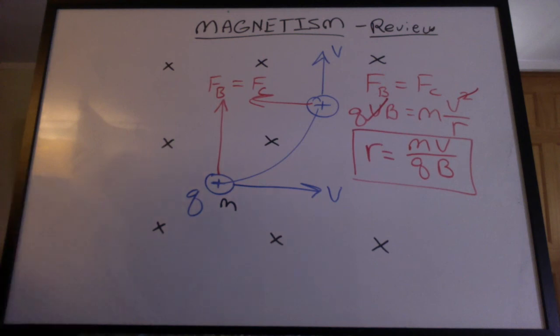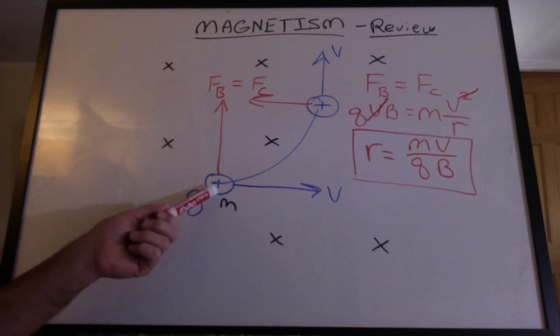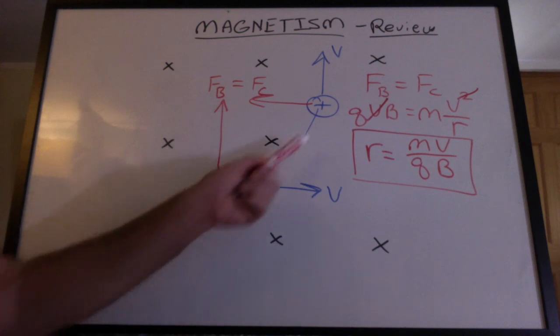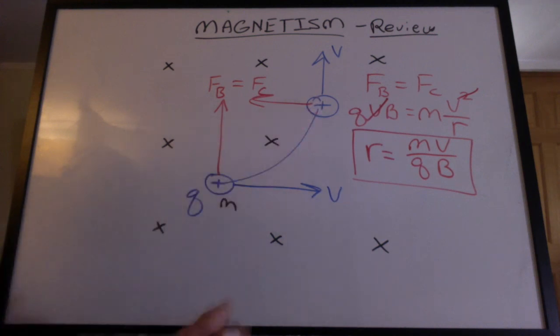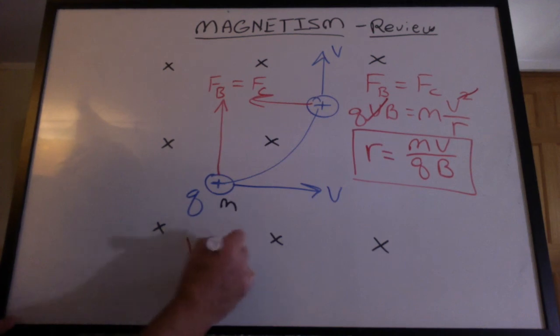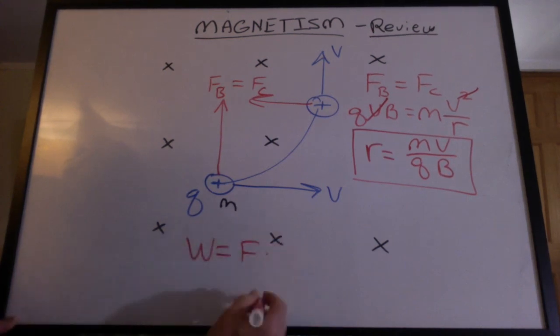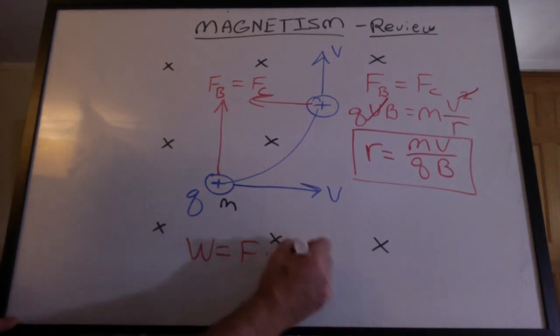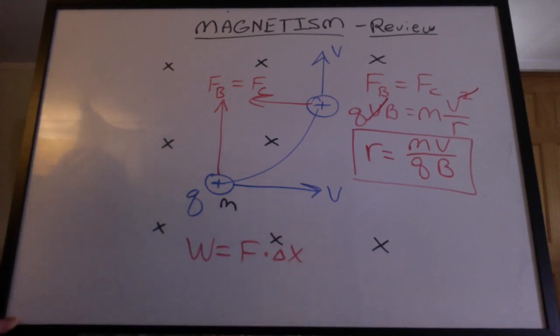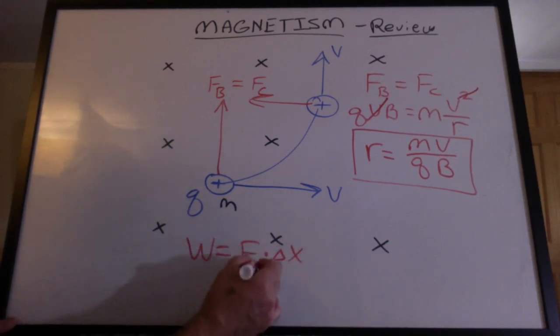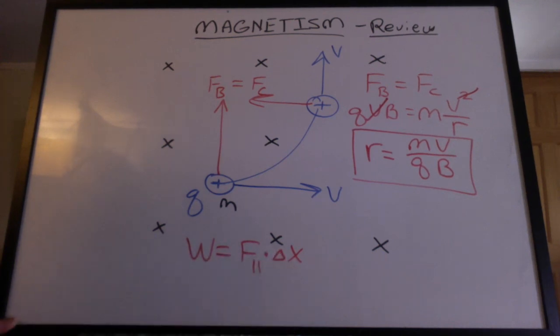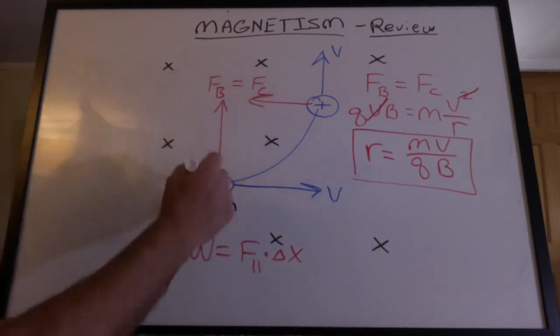But right now, I'd like to ask you, how much work do you think this force is doing to the charged particle as it moves around this curve? Do you remember what work is? Work is equal to a force times some displacement, okay? But that force has to be parallel to that displacement. But look at the diagram.